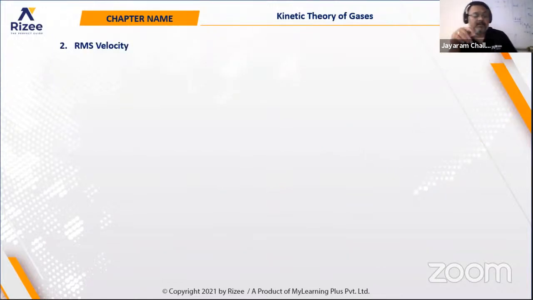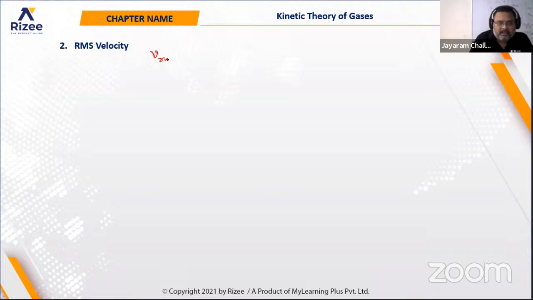Right. So our next concept is the RMS velocity. The RMS velocity is the root mean square velocity, an approximation of the velocity of all the molecules in a container.